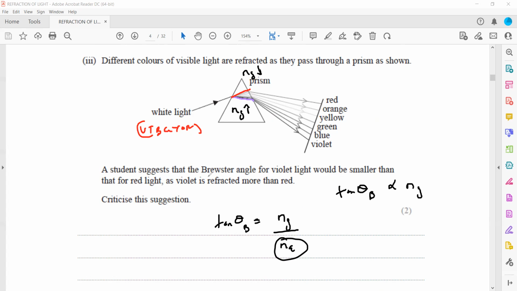So the student suggested that the Brewster angle for violet would be smaller. When we criticize this suggestion, it means the student's suggestion is incorrect. Why? Because violet is bending most. It means violet experiences a greater refractive index of the glass. As it experiences a greater refractive index, theta_B should be higher for violet as compared to red.